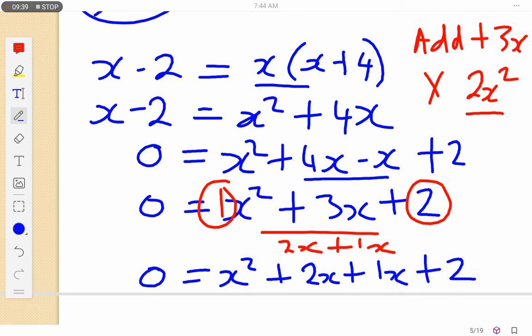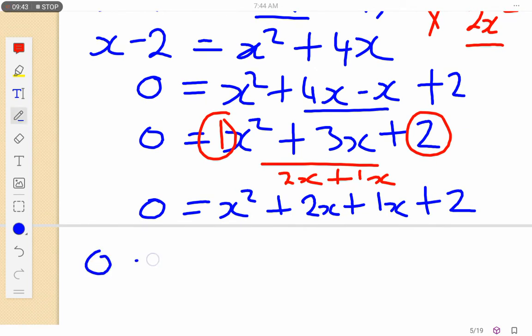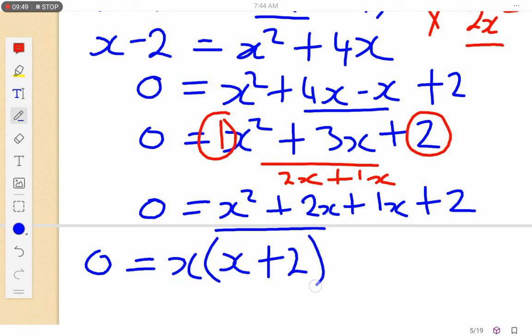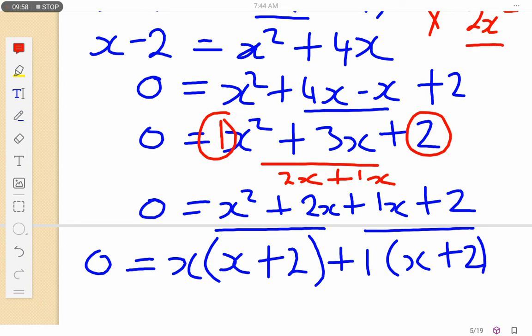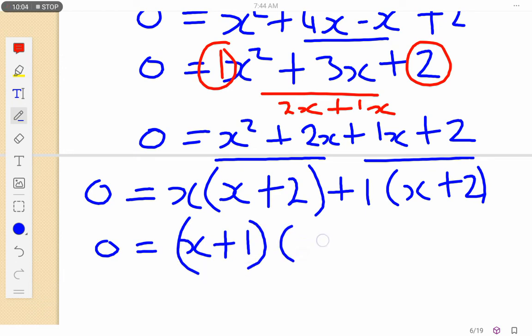Okay, now I can even factorize using the group method. So our 0 is going to be equal to, for the first part here, I can factor out x and remain with x plus 2. The second part here, I can factor out plus 1 and remain with x plus 2 there. Okay, so our factors are x plus 1 and x plus 2.